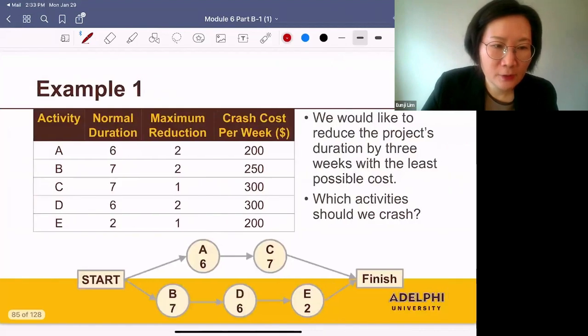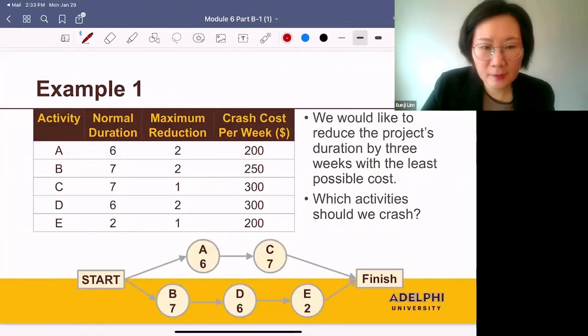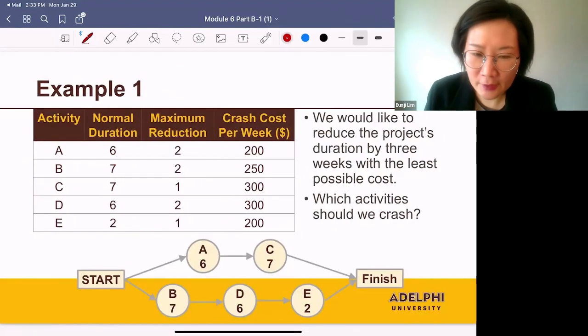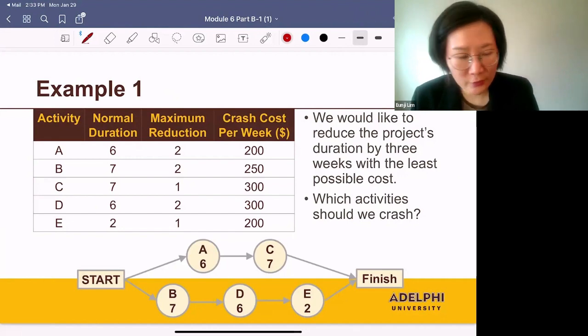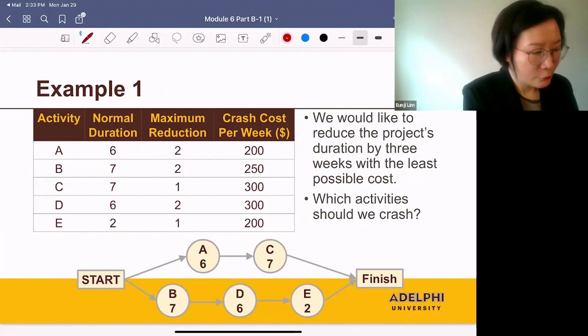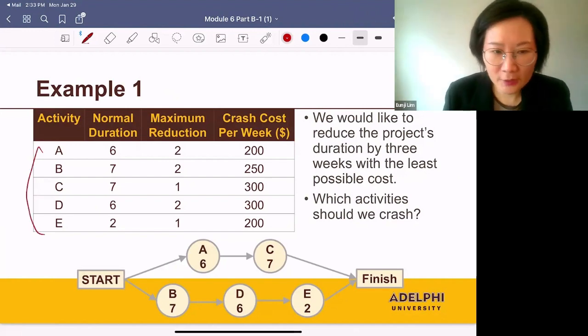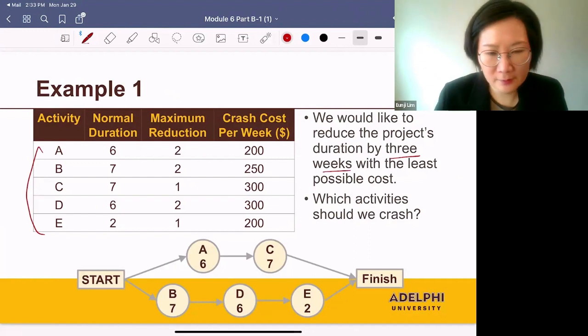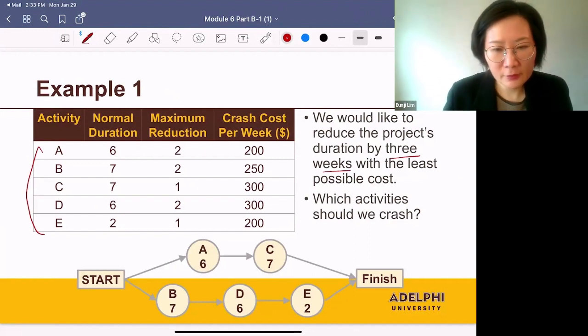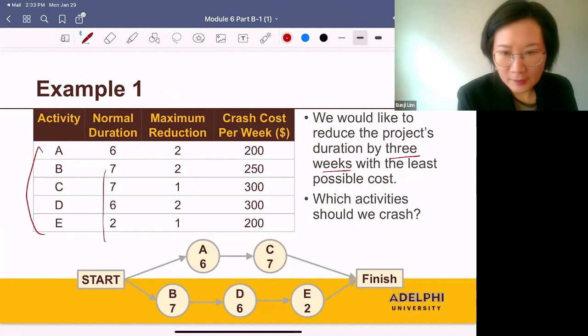So I want to take this example and show you how to crash this project at the least possible cost. In this project, we have 5 activities. We want to reduce the project's duration by 3 weeks with the least possible cost. We are given the normal duration and we are given the maximum duration.